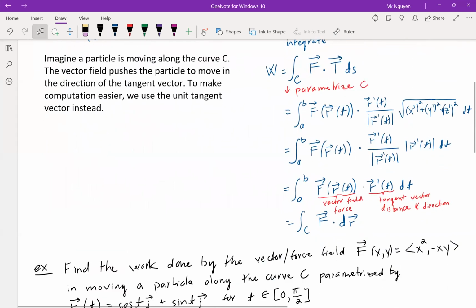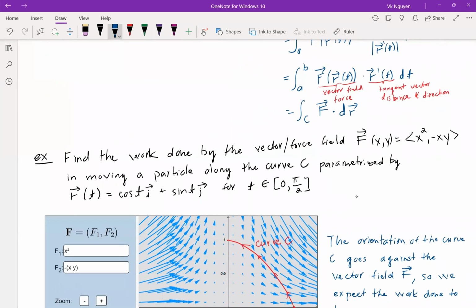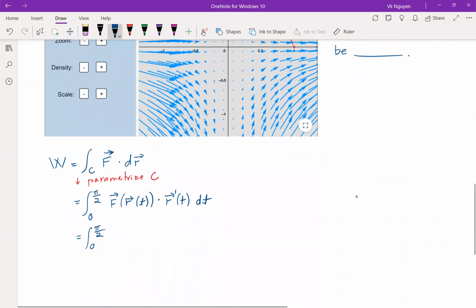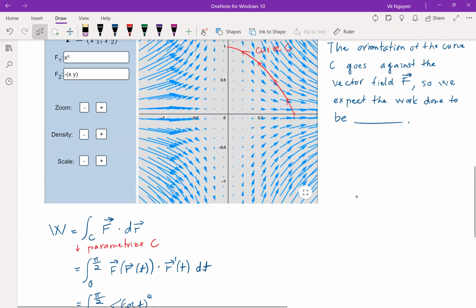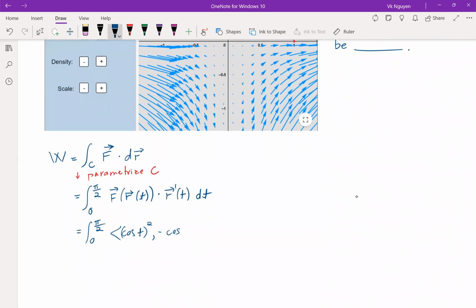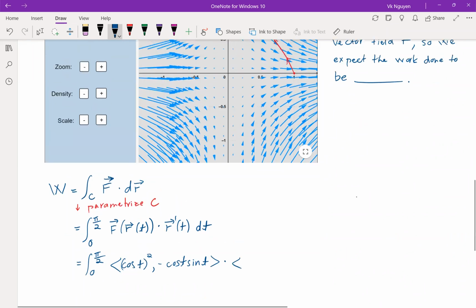Look at the vector field F right here. It's x squared, the first component, and then minus xy. So x is cosine t, so it's going to be cosine squared t, and then minus cosine t sine t, dot r prime of t.